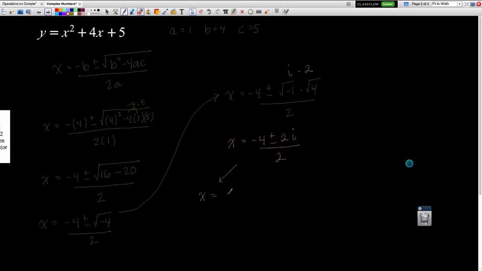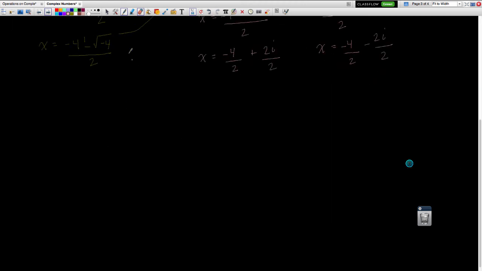So it would be x equals negative 4 plus 2i divided by 2, and x equals negative 4 minus 2i divided by 2. This can still be simplified. This is the same thing as negative 4 divided by 2 plus 2i divided by 2, and x equals negative 4 divided by 2 minus 2i divided by 2.